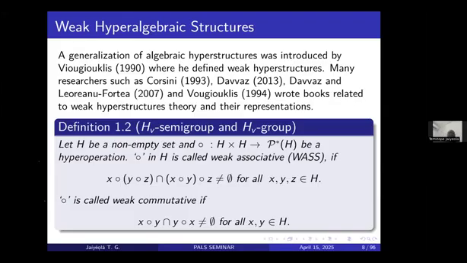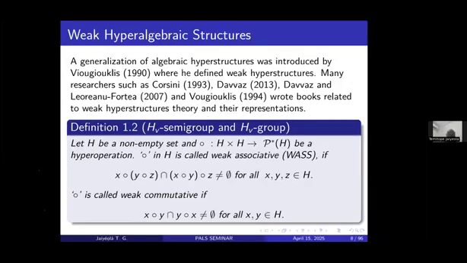Weak in the sense that the associative law does not necessarily need to hold. So in this case, you call this the weak associative law. That is, the right-hand side and left-hand side of the associative law might not necessarily coincide, but they could intersect at some given point. You also have the weak commutative law as well.